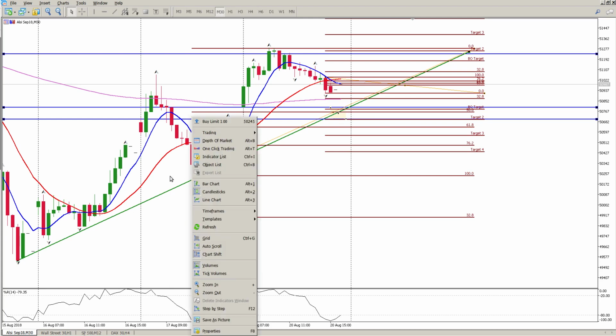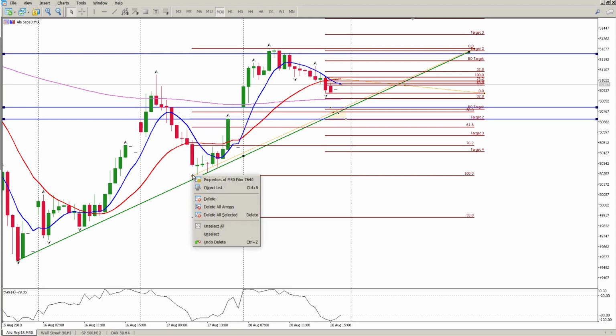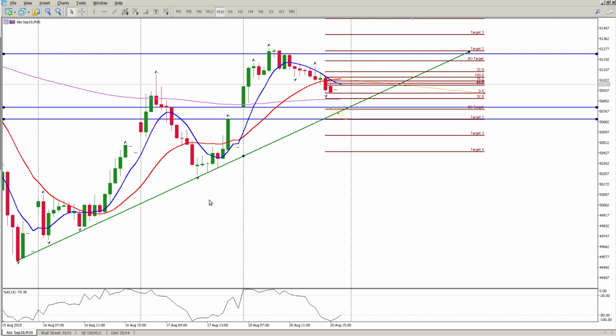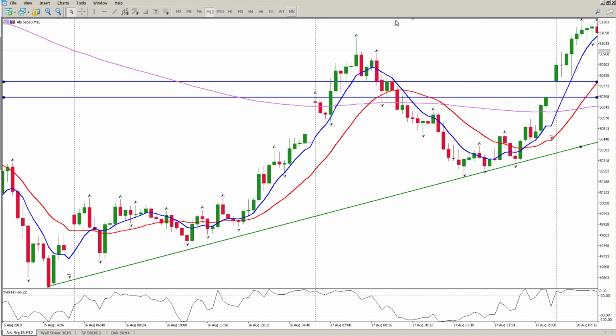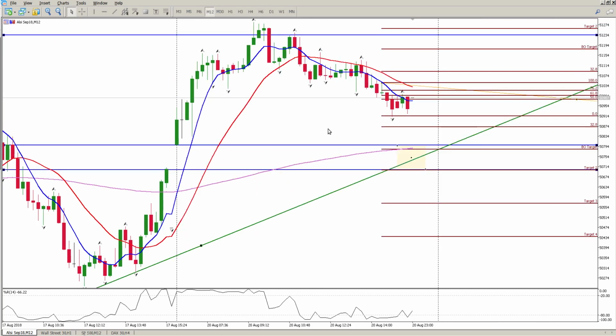Just delete this one so we can see what's going on. A closing range breakout would definitely target this area here, possibly even the gap close, which would be target number 2. So that's my take on things for this morning on the Aussie.